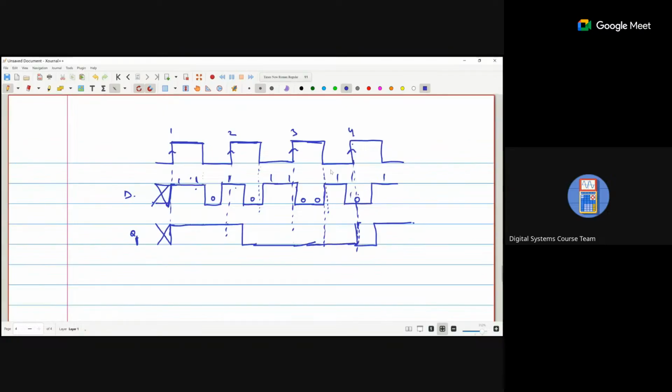Okay. So if I am taking this as Q2, so Q2 no effect. Why? Because we don't know what is the data. Okay. Now this data is applied on a second clock.